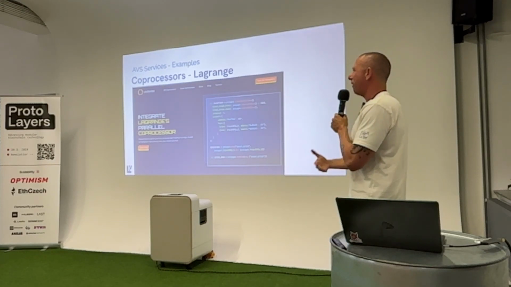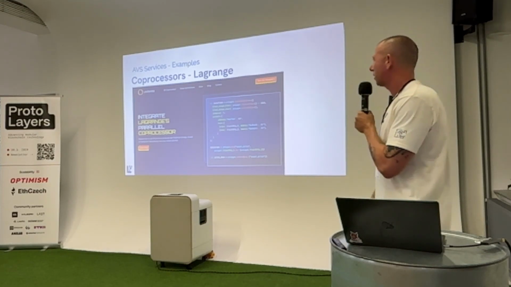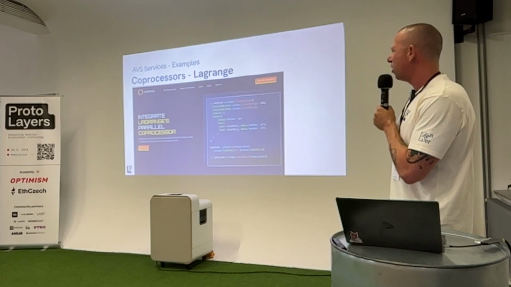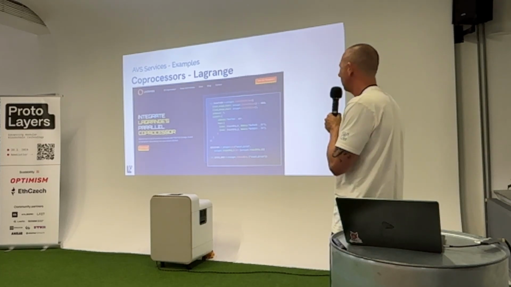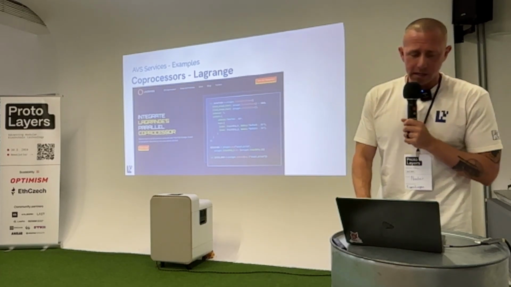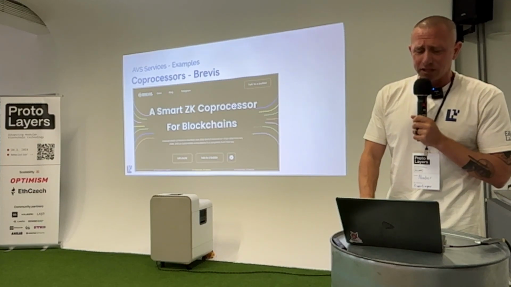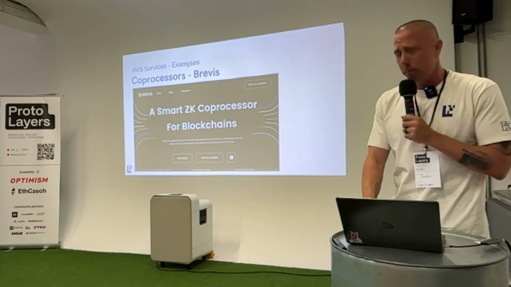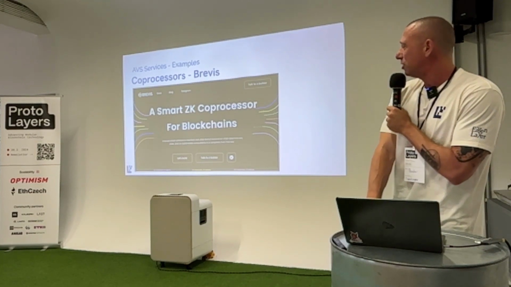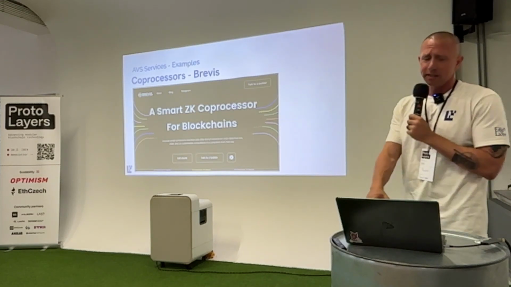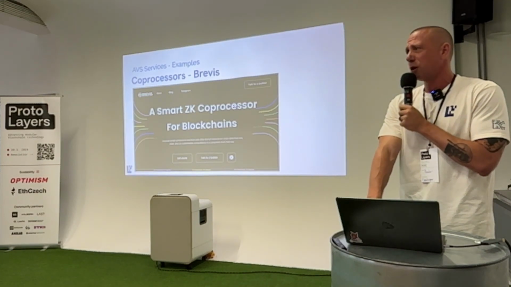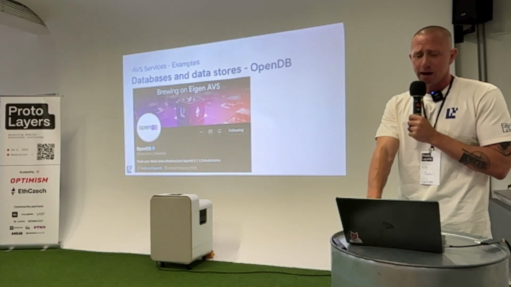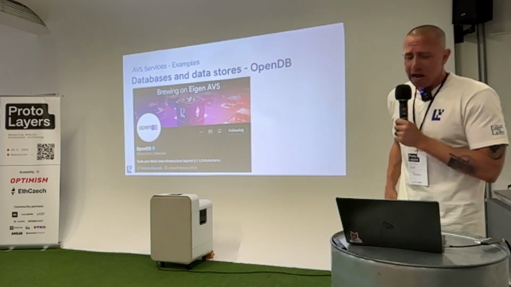So you're verifying within the smart contract, and they have already gone live, and you can already start using their service. Another coprocessor is Brevis, very similar. It's a ZK coprocessor. They have a TypeScript SDK and a Go SDK that's pretty nice to use. I think Gajesh, who's on my team, is working on something there to open source it.